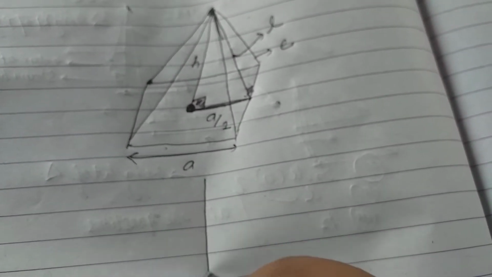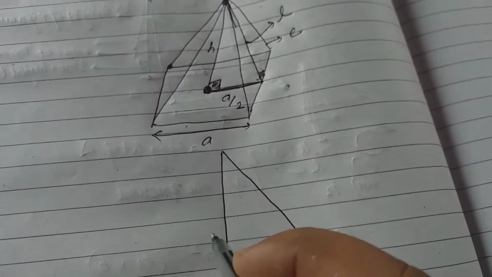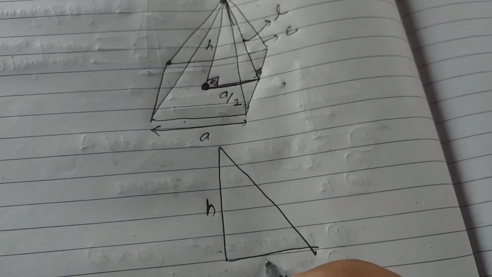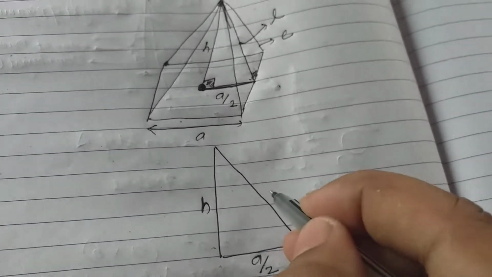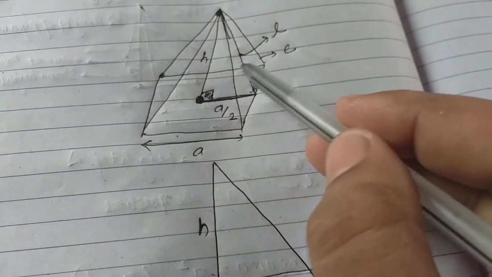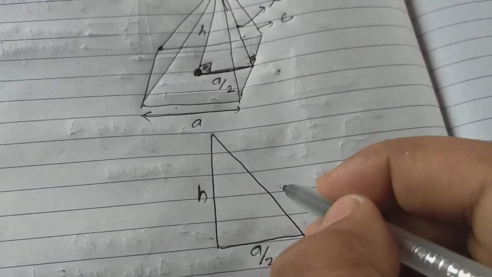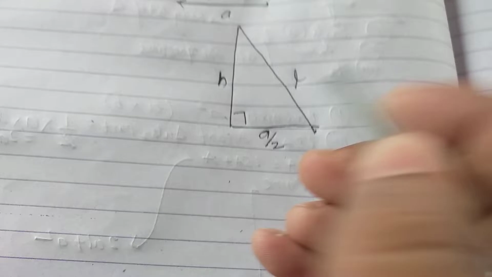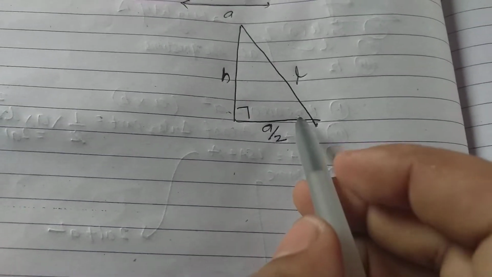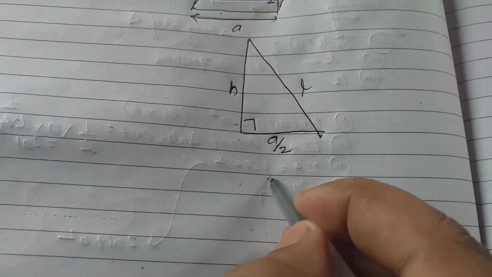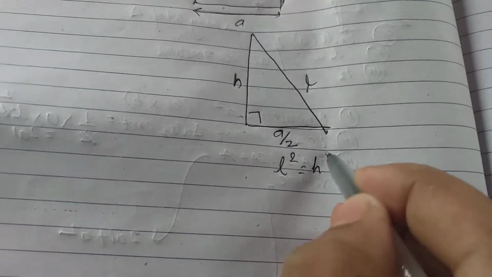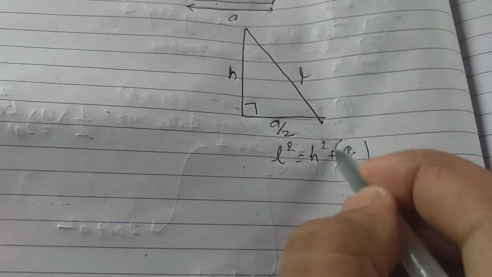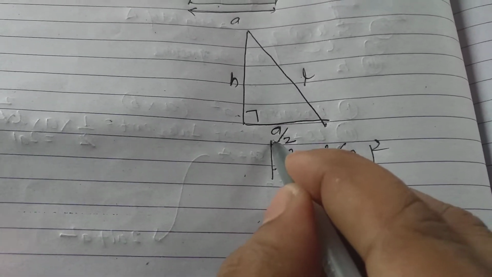You can see from the figure, this side is H, this side is A by 2, and this side is your L. In between there is 90 degrees, yes or not? So this is a right angle triangle, and Pythagoras theorem can be applied here. L square is equal to H square plus A by 2 whole square. Very important.